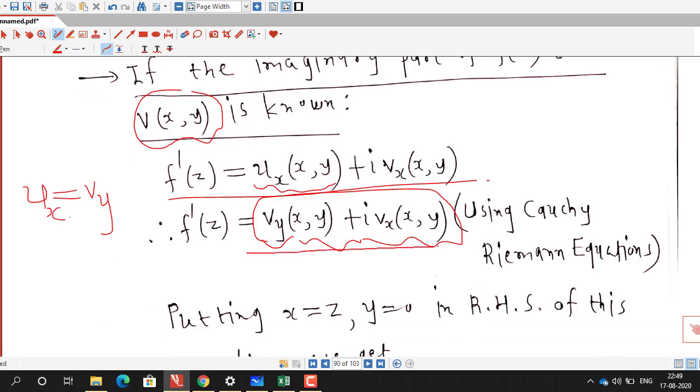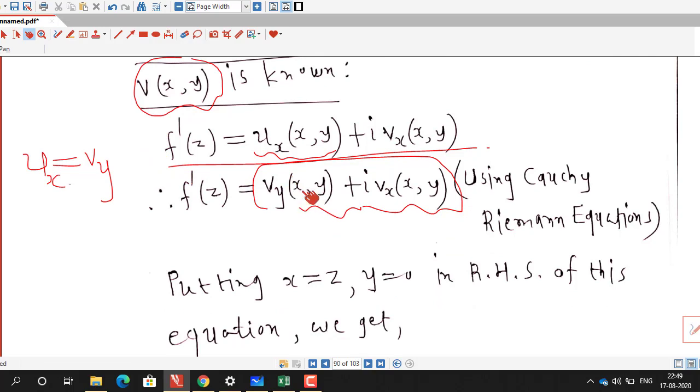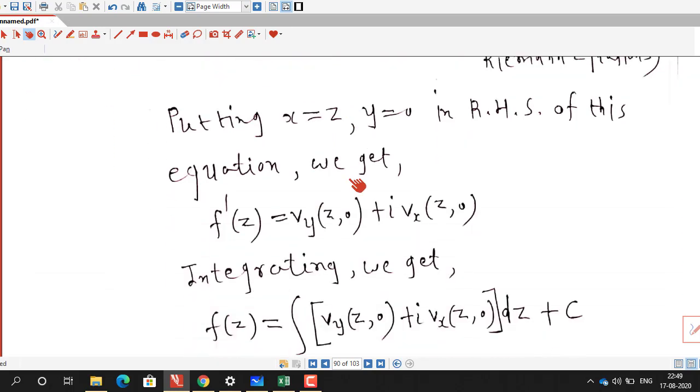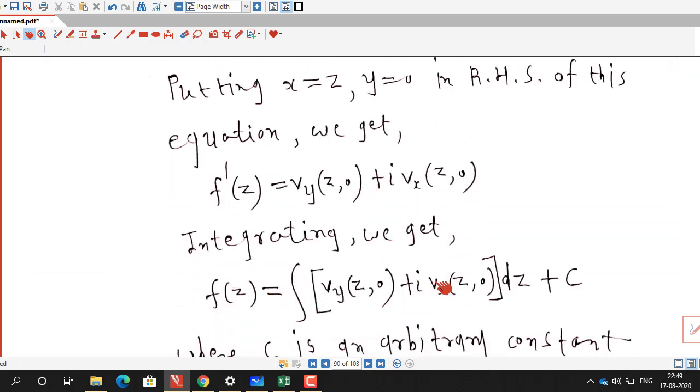But this right hand side is a function of x and y, and we want to convert it in terms of z. So again we put x = z and y = 0 in the right hand side of this equation, and then after integrating we will obtain f(z).